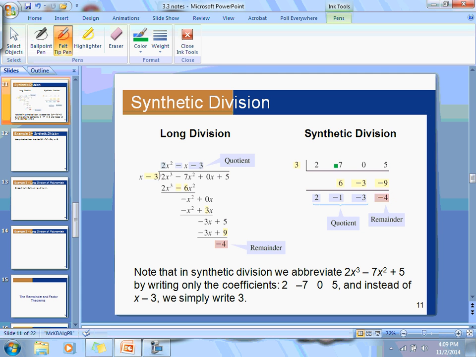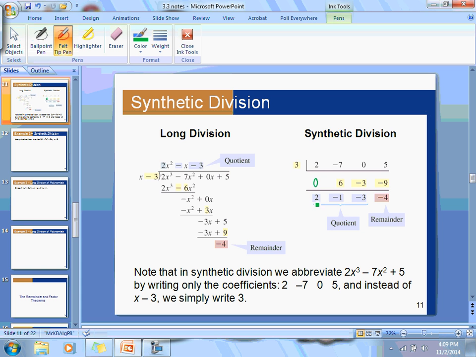And you organize your work in columns. You just use the coefficients. And you put the opposite number of what you're dividing by. Here they have an x minus 3, so you put plus 3 up front. And then you basically put a 0 here in this first spot, and you add down the column.